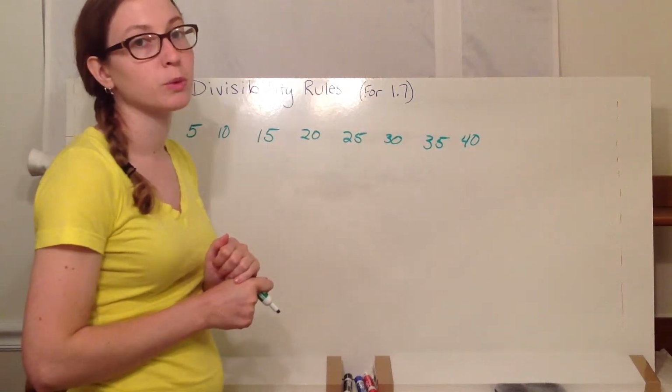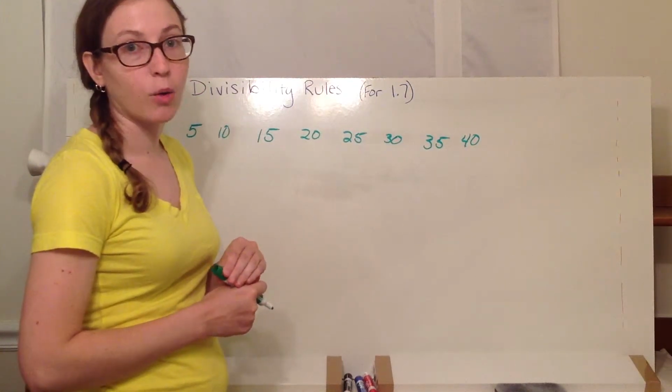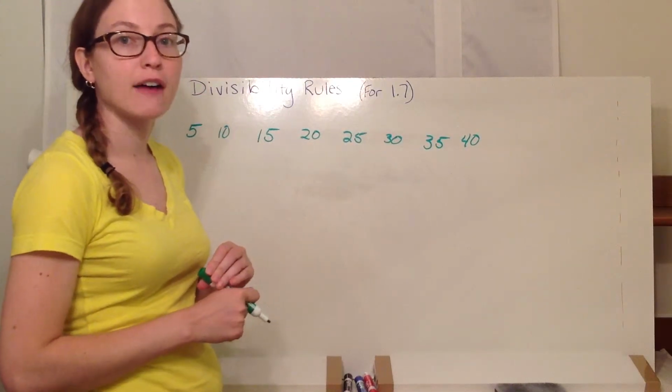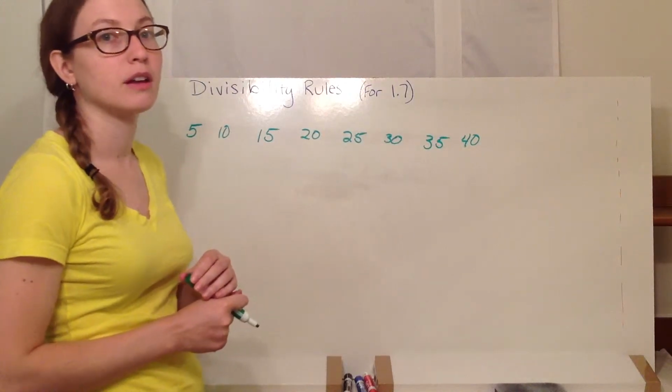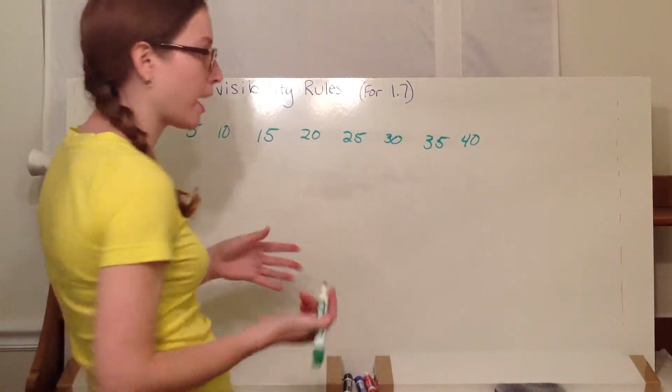So our divisibility rule says if a number ends in 0 or 5, then 5 is a factor of that number. Again, we can use a really large number as an example and tell right away.